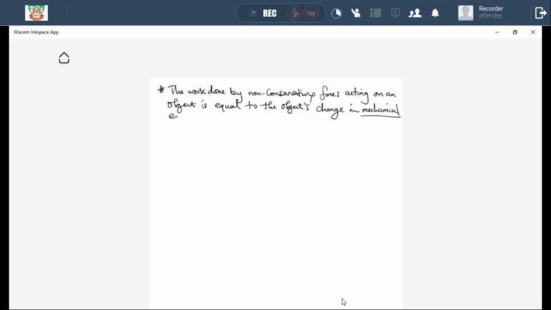Underline the term mechanical energy, right? So in other words, we are saying symbolically, work done by non-conservative force will be equivalent to the change in the mechanical energy of an object.